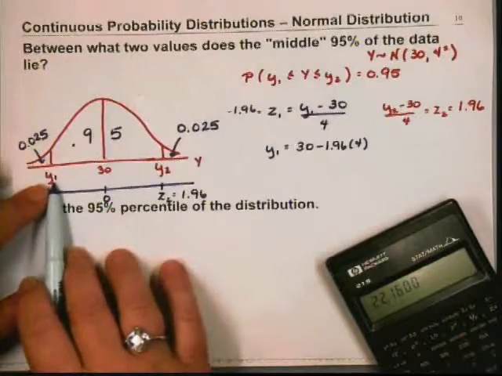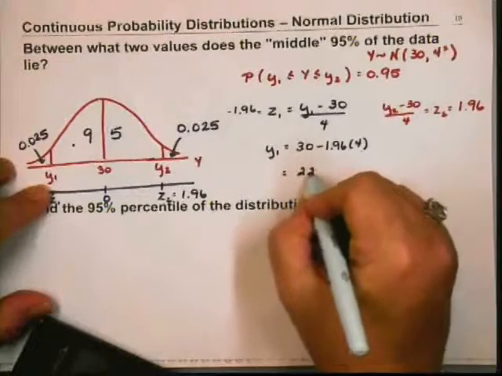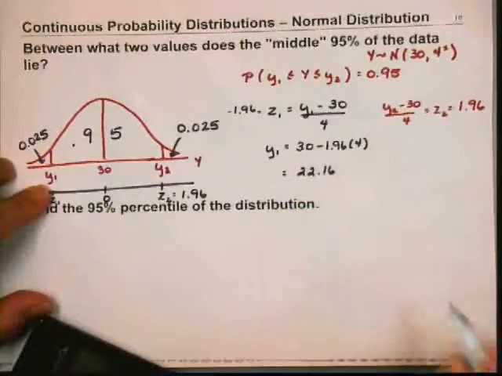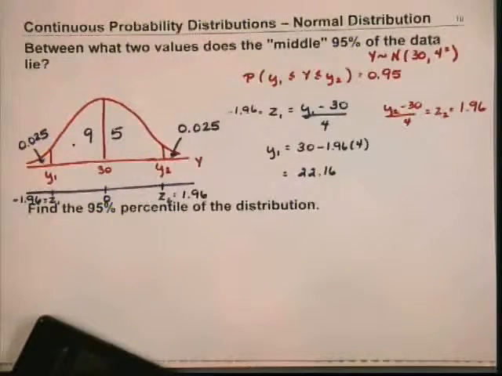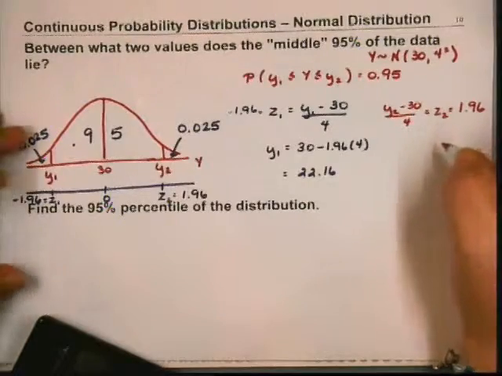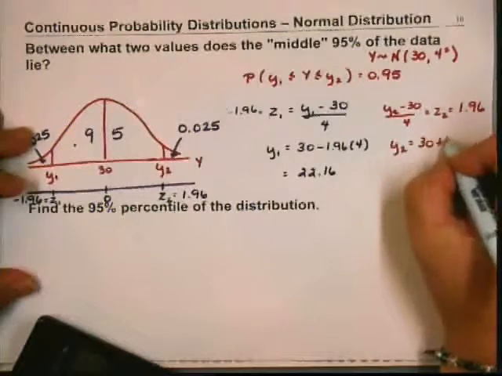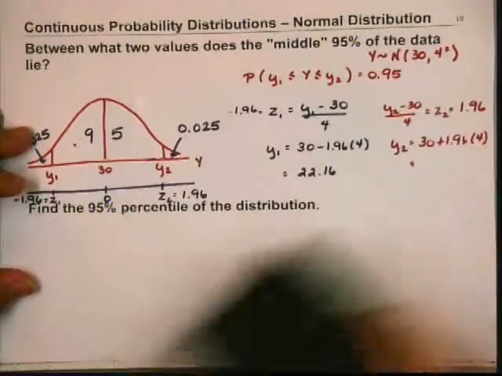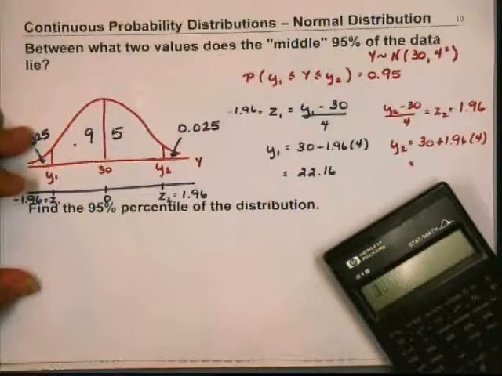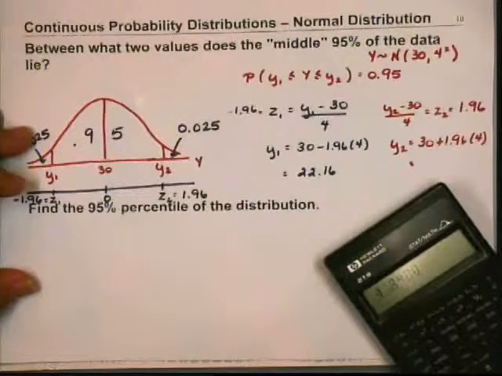It had to be, right? And over here on the right in red, y2 would be equal to 30 plus 1.96 times 4, which is 37.84.